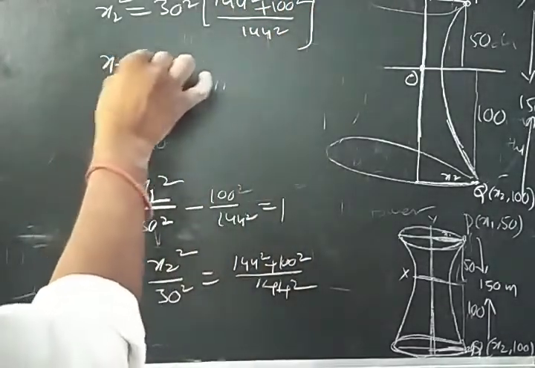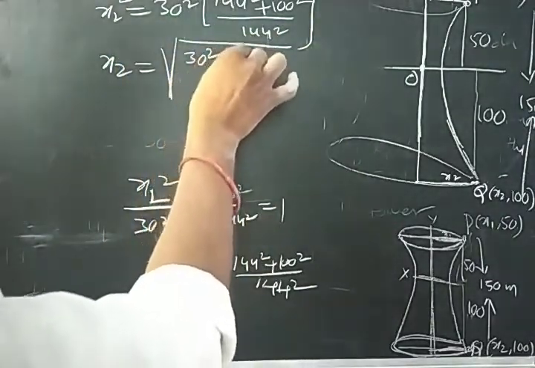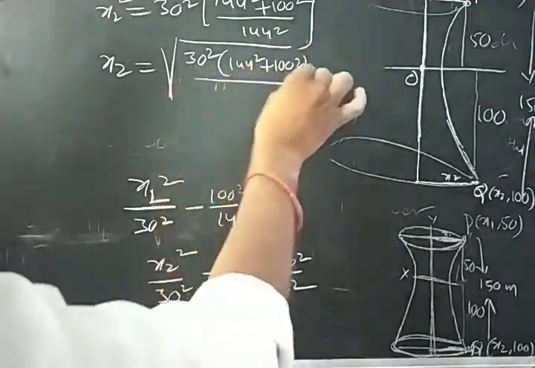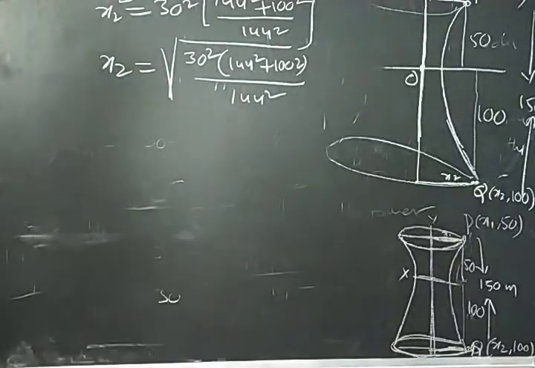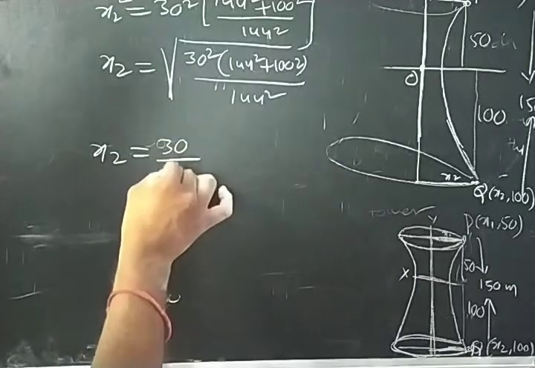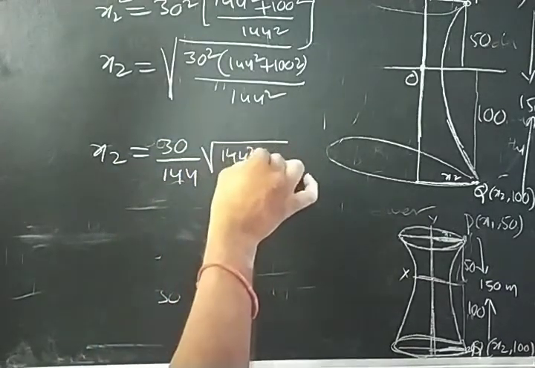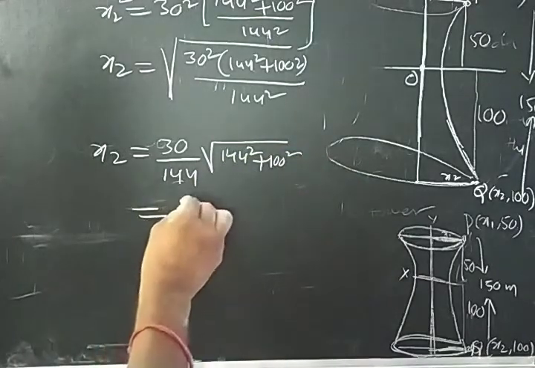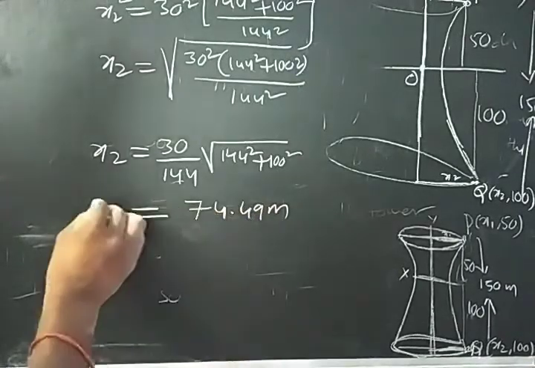X2 is the square root of that. By removing the square root, x2 equals 30 by 144 outside, and inside the root 144 square plus 100 square. By simplifying this you will get 74.49 meters approximately, the x2 value.